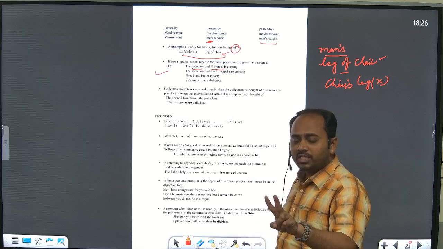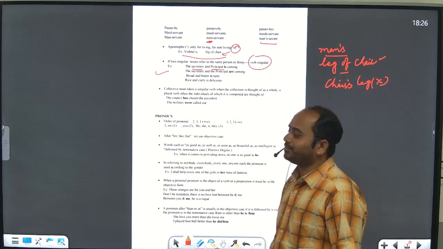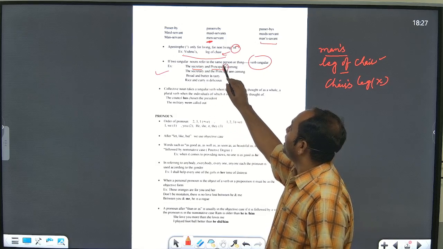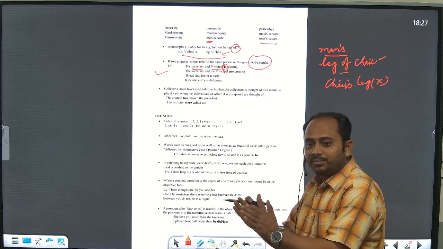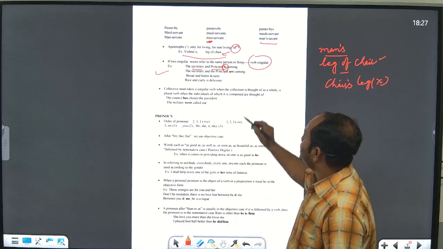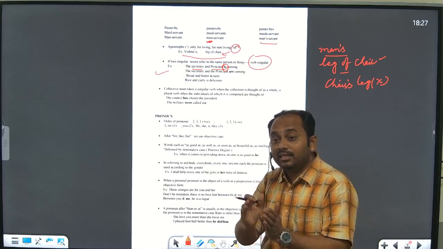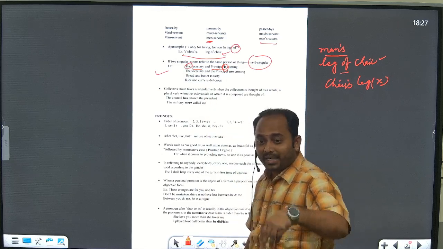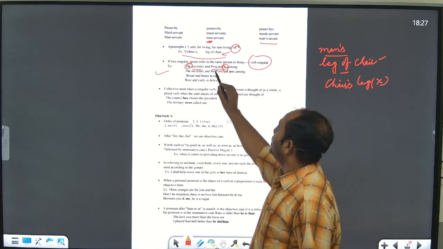If these two positions are representing one person, then a singular verb should be used. The secretary and principal is coming. The same sentence if I say the secretary and the principal, here only a single the is used. But right now, the secretary and the principal, two thes are used.